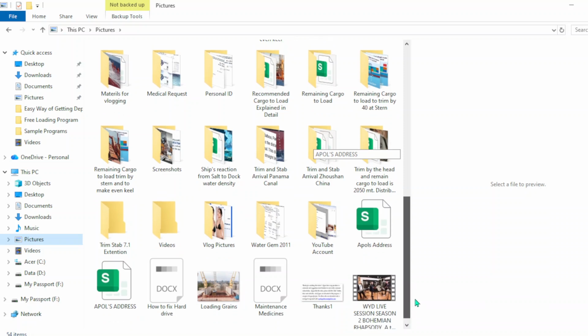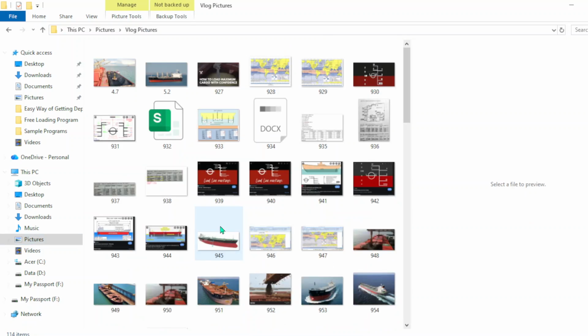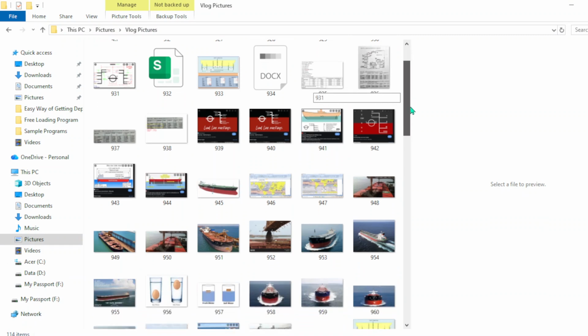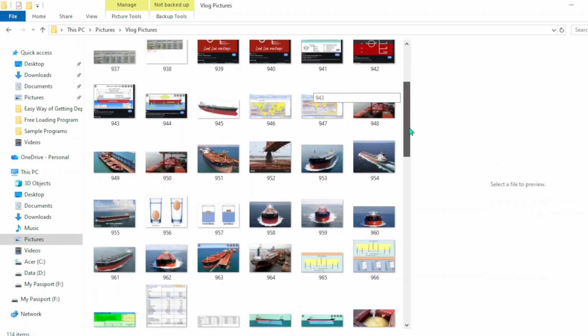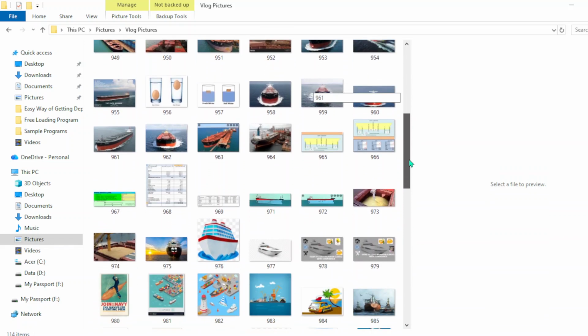Where's that? Oh, two pictures. Freshwater, okay, I will show you freshwater. Give me a second. Where's the freshwater?